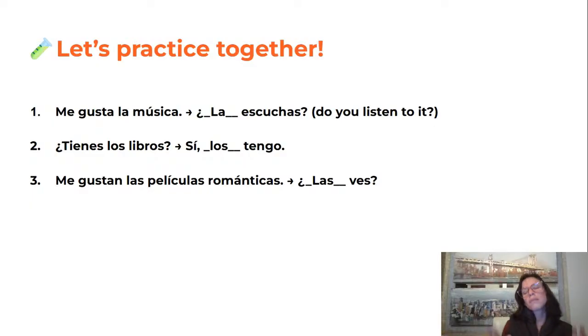I will repeat that, because I think I messed it up a little bit. Me gustan las películas románticas. We won't use the direct object pronoun in the same clause with the verb gustar. No. We won't say me lo gustan, me las gustan, me gustan lo.